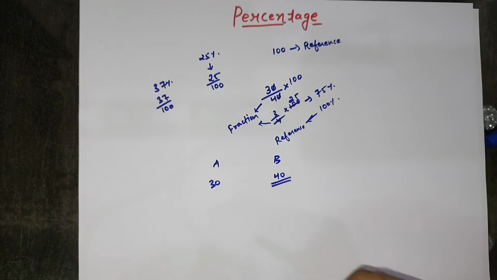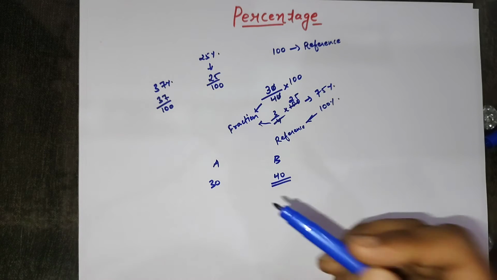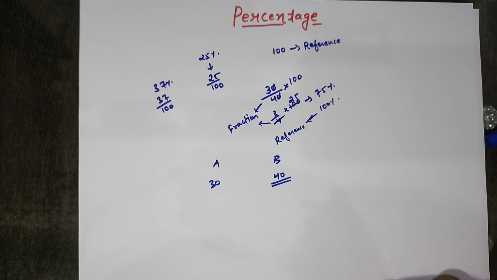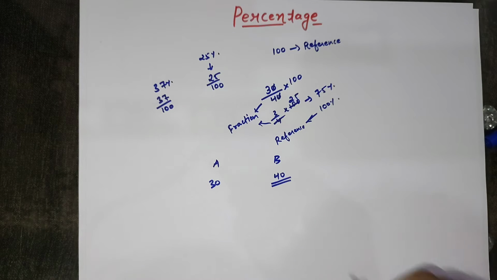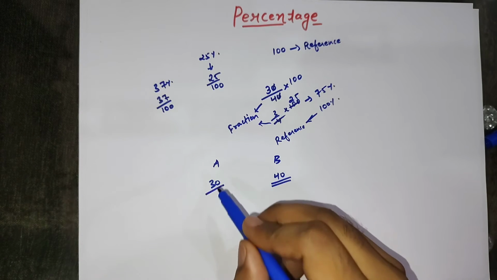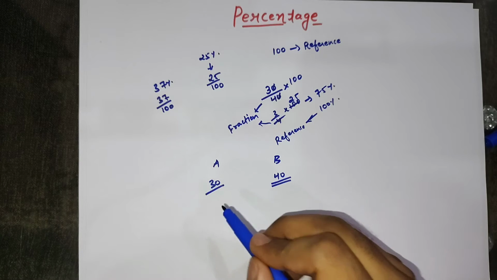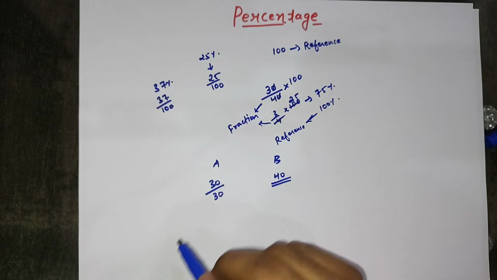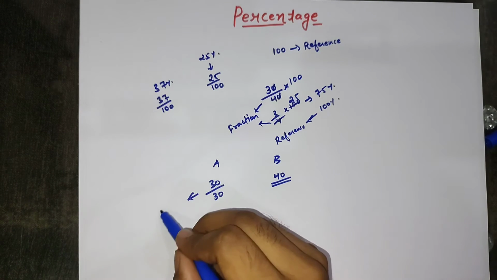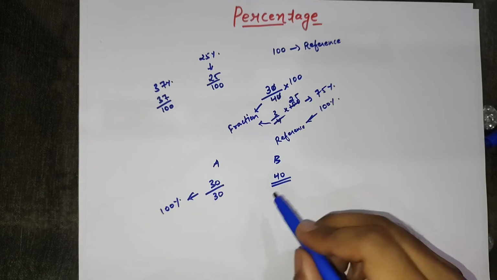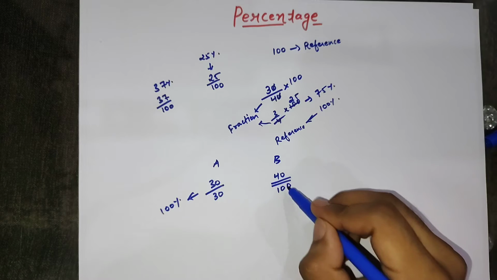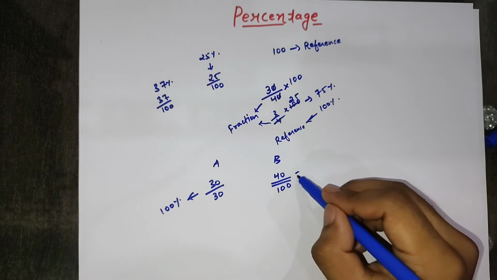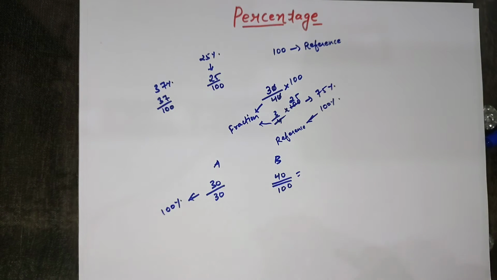But I'll say this is wrong, because unless you know out of how many marks he got those marks, you won't be able to tell who got more. It can happen that the student who got 30 marks got them out of 30 itself, so his percentage becomes 100%, right? And it could be that the other student got 40 marks out of 100, and he got only that much percentage, right?